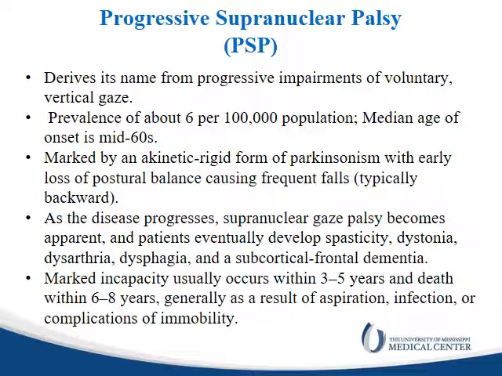We're going to start with progressive supranuclear palsy, PSP, a condition that derives its name from progressive impairment of voluntary vertical gaze. It has a prevalence of about 6 per 100,000 population with a median age of onset in the mid-60s, similar to Parkinson's disease.